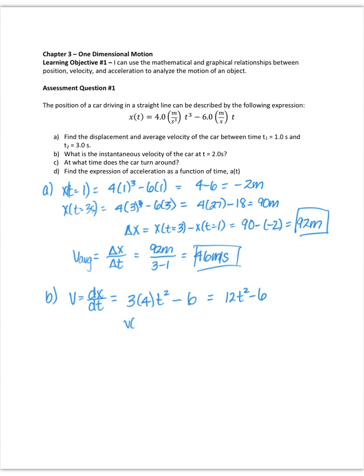We can put in t equals 2 to find the answer to the question, because they want to know what is the velocity at 2 seconds. We get 12 times 2 squared minus 6. And so that means 48 minus 6, and that's 42 meters per second.